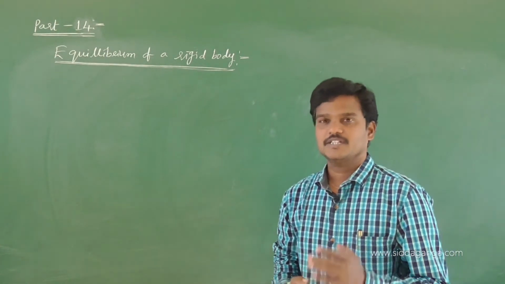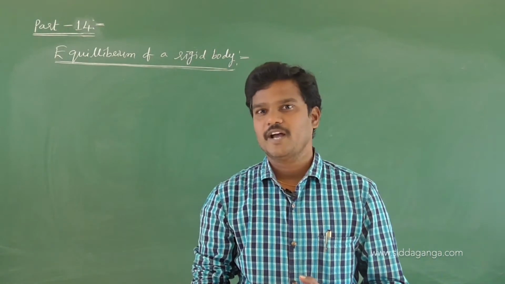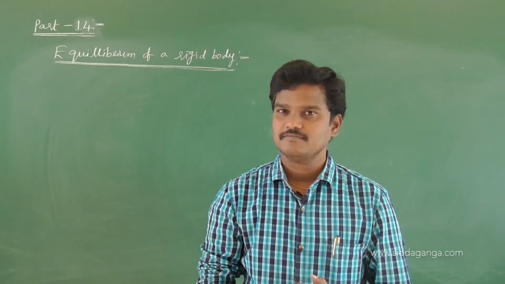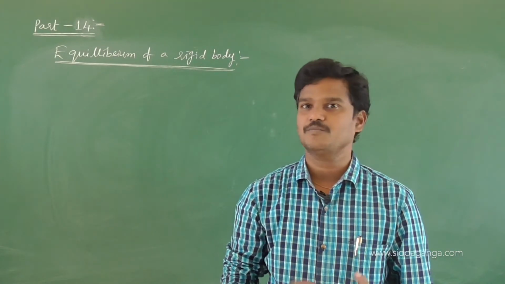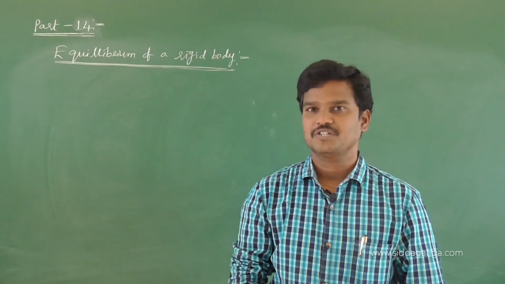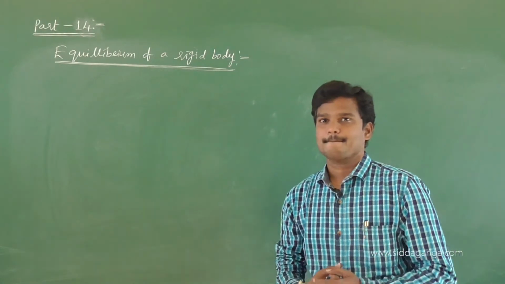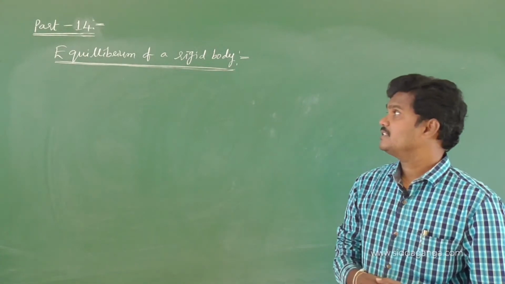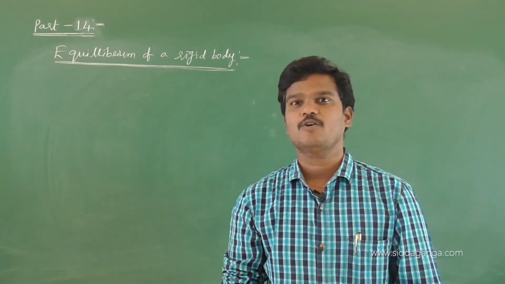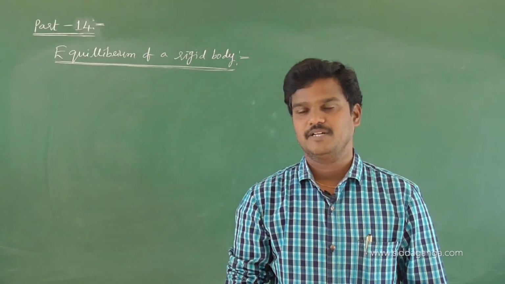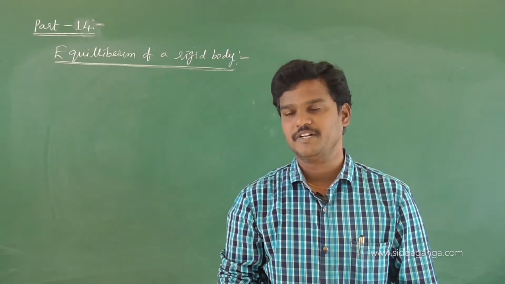Okay. Generally, we know a rigid body has translational motion, and a rigid body has rotational motion, and of course it has a rolling motion also. A rigid body generally has mechanical equilibrium.